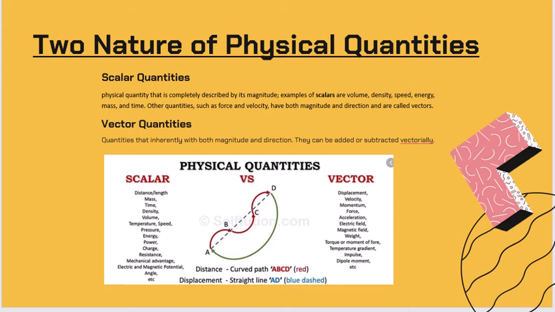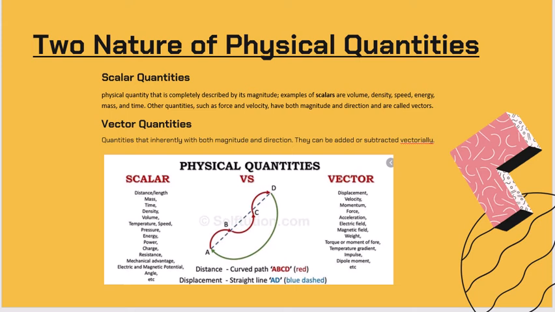Kapag sinabi kasi nating scalar, dinidescribe niya yung single element of a number field such as a real number, often accompanied by units of measurement. For example, yung mga centimeter, meter. So scalar is usually said as a physical quantity that only has magnitude, possibly a sign, or no other characteristic.